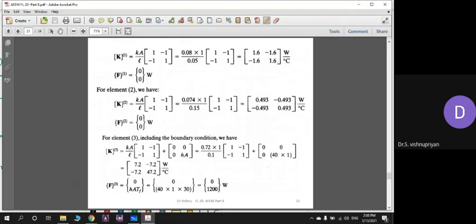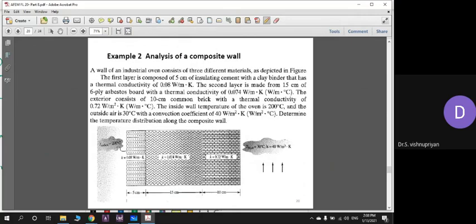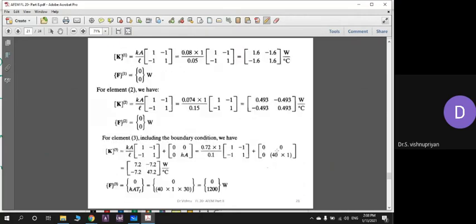Now for the third element, the K value, A, and L are all known. Here H is the convection coefficient, which is given as 40. Again, area is assumed to be 1. If you do these simplifications, you get this matrix for the third element. For the first 2 elements, we said there is no load because there is no heat generation and no convection. But for the last element, we have convection, so that must be considered when you write the load.